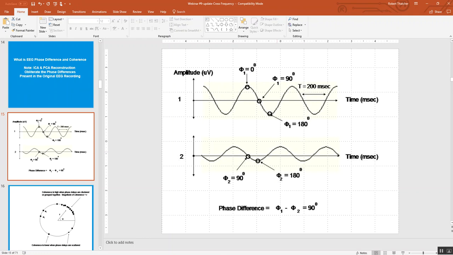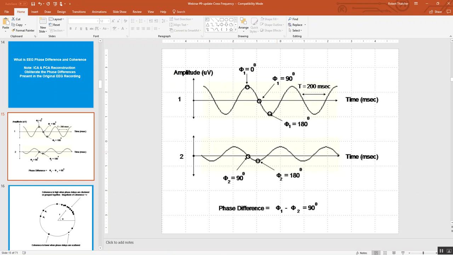So if you have, say, a delta, a 250 millisecond wave at 4 hertz, a 90 degree shift, or let's say a 180 degree shift, would be half of 250. So it'll be 125 milliseconds. So there's a relationship between time and the phase shift, and it's used in physics and in math, the phase shift, to be represented really as a circle.